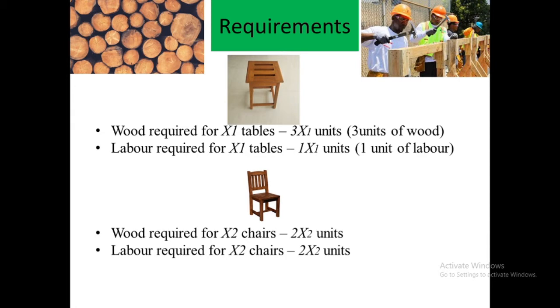Similarly, wood required for x2 chairs is 2 into x2 units. Labor required for producing x2 chairs is 2, meaning 2 into x2 units. Likewise, I produce the initial mathematical formulation with respect to requirements.